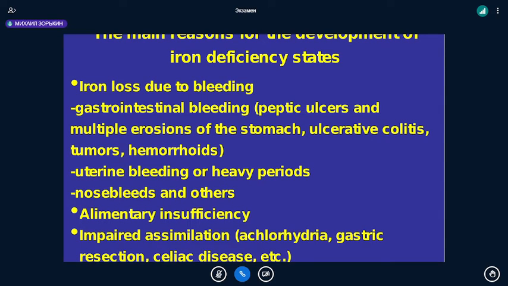Involvement in sport, heavy physical exercises, will also require more iron for the muscle tissue. So not all of the situations associated with iron deficiency are pathological. We should not forget about that.